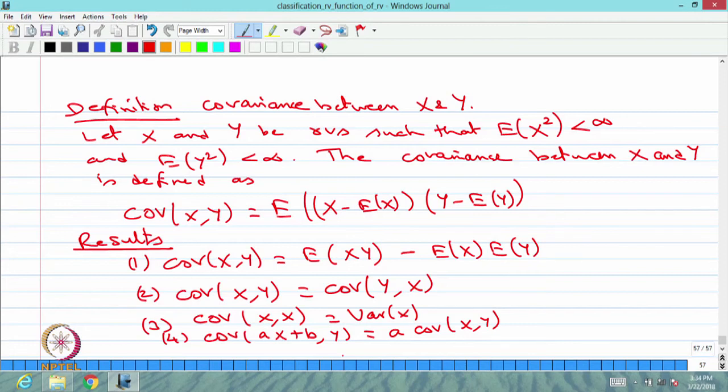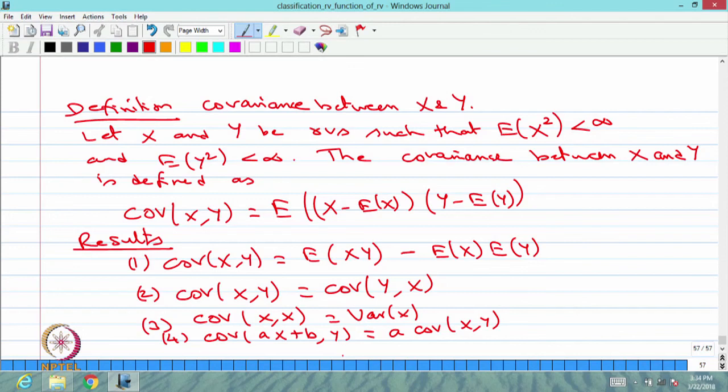The covariance of any constant with a random variable is 0. Therefore, the covariance of ax plus b with y, when a and b are constants, is the same as a times the covariance of x comma y.